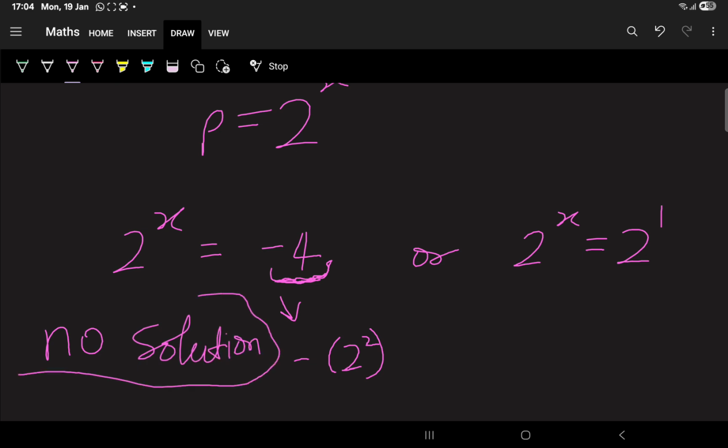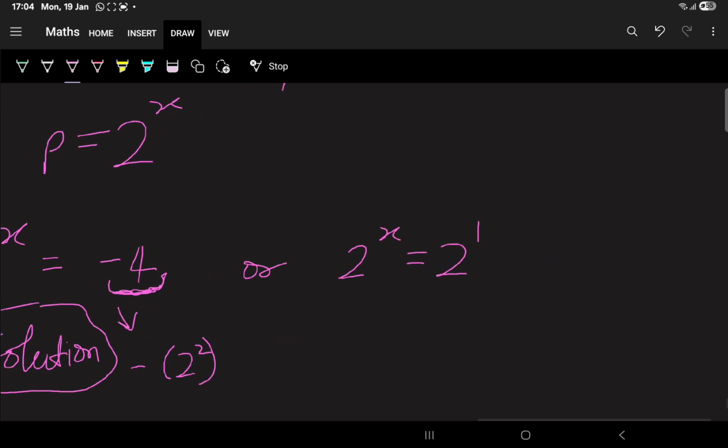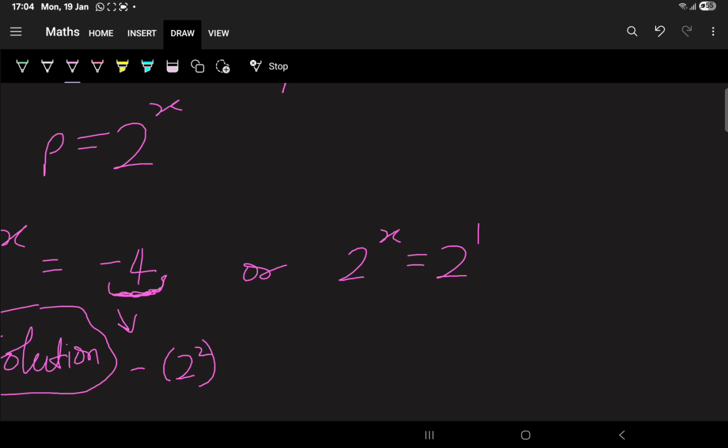So yes, it's possible to have equations that have no solutions, and this is an example of one of those cases. But on this side, we can see the bases are the same, so equating the exponent, x equals 1, and this is our answer to this equation.